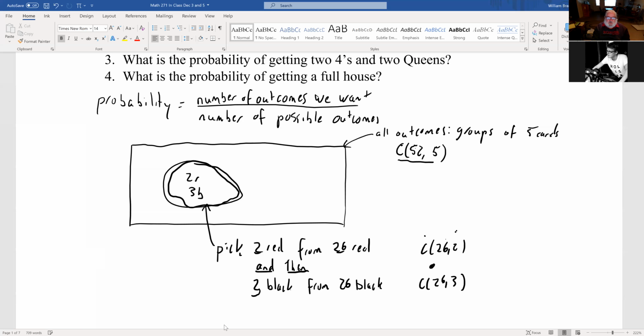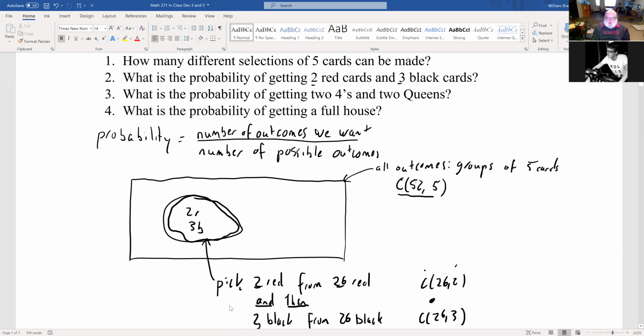We know how many total outcomes there are. So this will be C(26,2) times C(26,3) over C(52,5). Great.